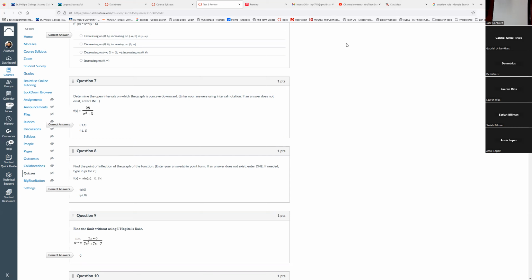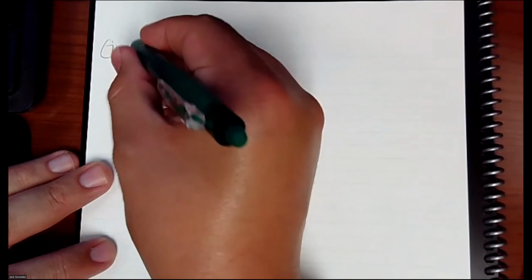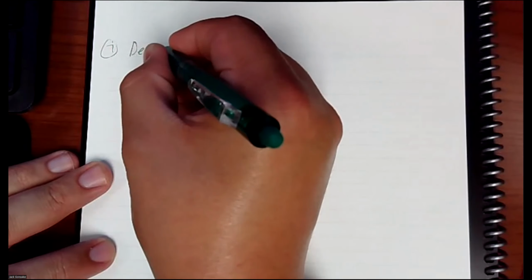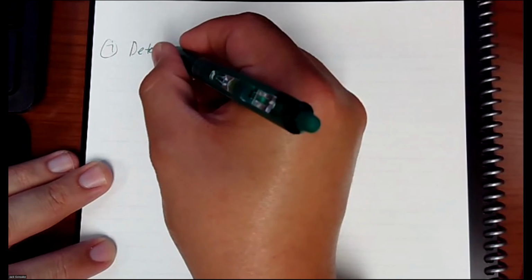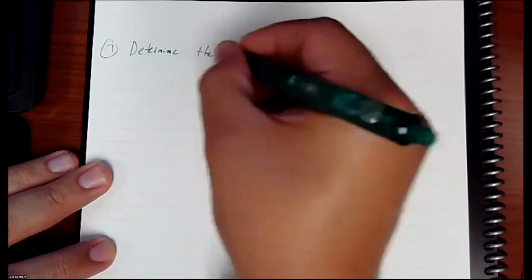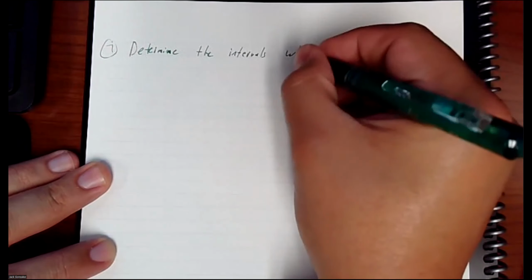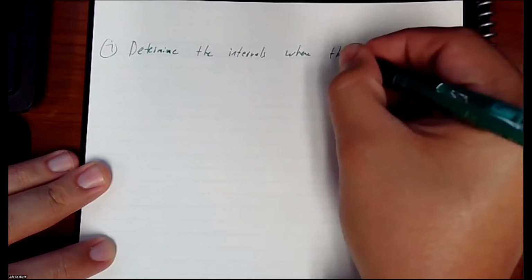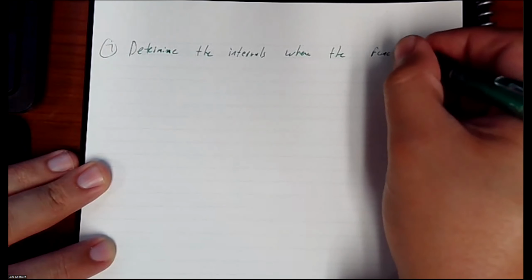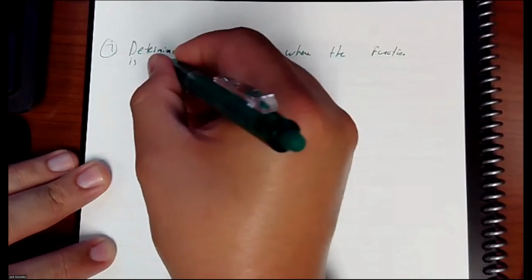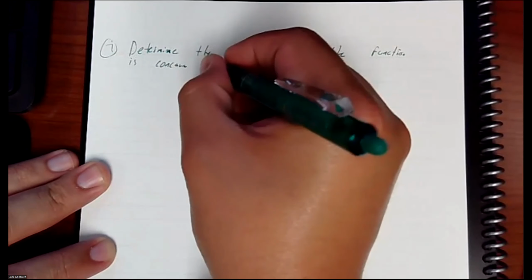So 6, 7 is very similar to 6, but let's go ahead and do it. Determine the intervals where the function is concave down.